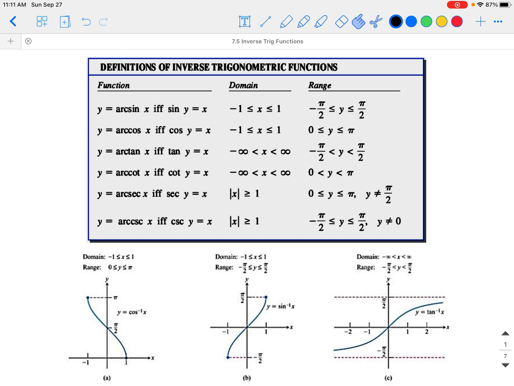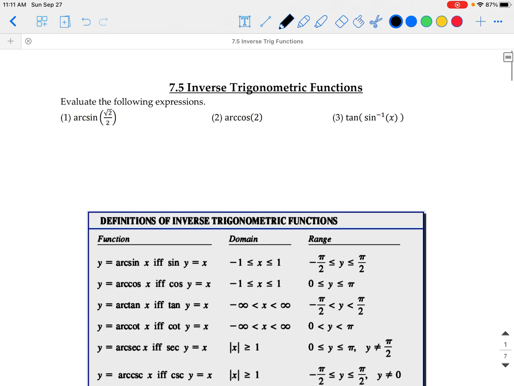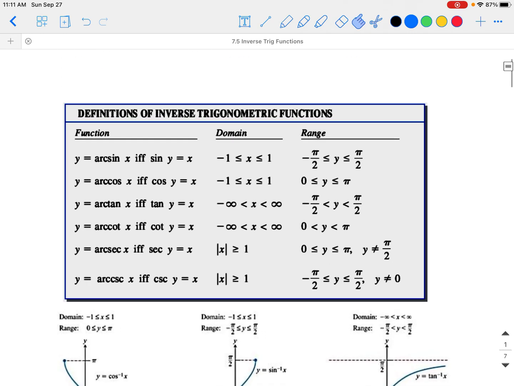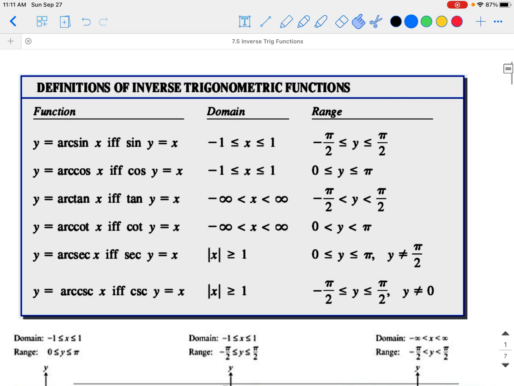have these periodic properties where they repeat. For example, sine of x looks like this, so we're definitely going to be failing the horizontal line test unless we restrict our domain in a very specific way. The restriction of the domain is given in the table below, and these are ones that we derived back in Pre-Calc.